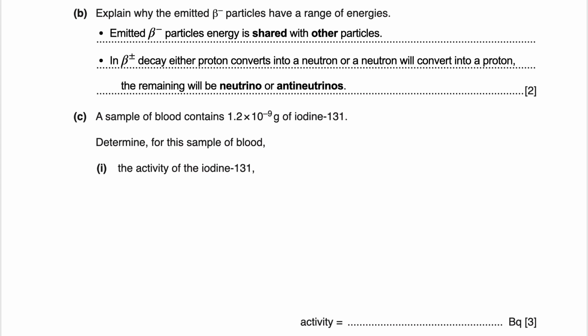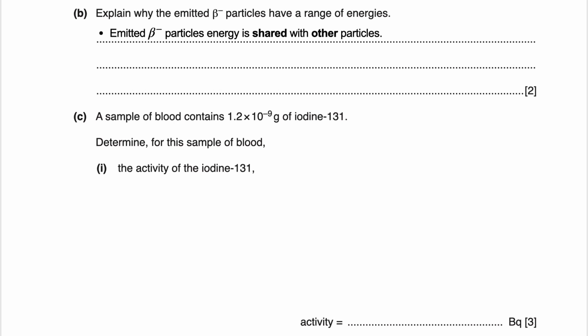Let's look at question C. A sample of blood contains 1.2 × 10⁻⁹ gram of iodine-131. Determine the activity of the iodine-131 in the sample of blood. What information do we have? First we have to find lambda.